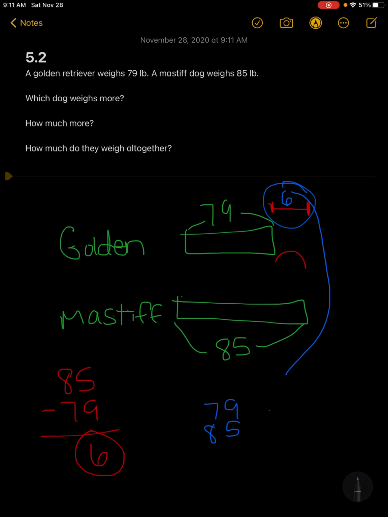That was just telling us the difference. It's not actually a value that represents the actual weight of one of our dogs. So we are only going to be adding together the bars here. When we add them together, we see that it is 164 pounds. So together they are 164 pounds.